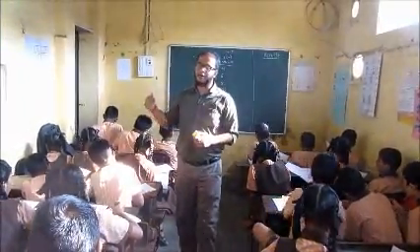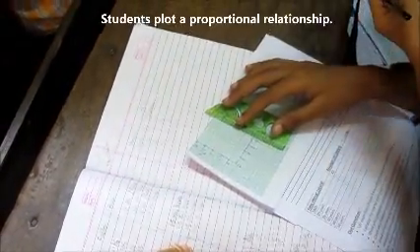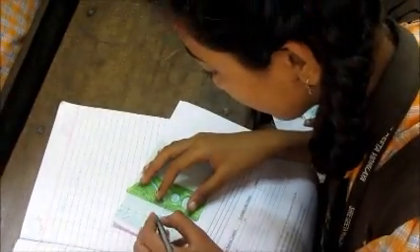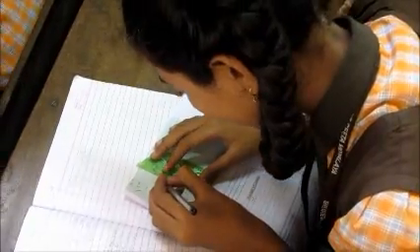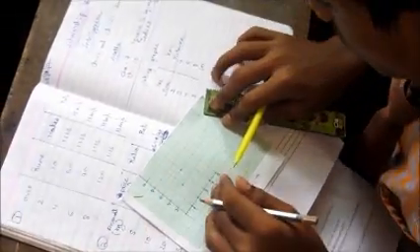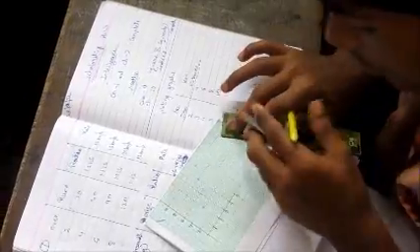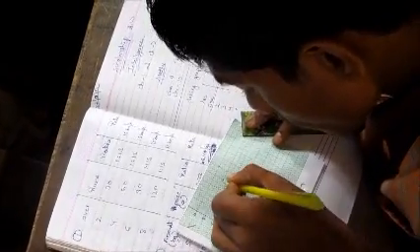Remember please, table first and then the graph. Again, after you're done with your graphs, can you please find the rate for each case, please?